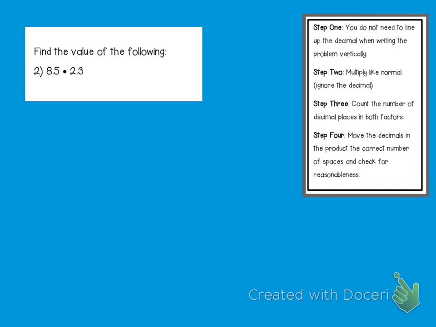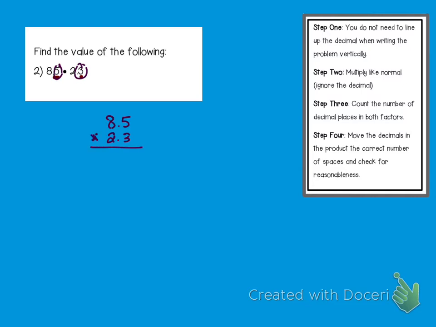Find the value of the following. Okay, so in this case, remember I placed the last 2 digits stacked on top of each other. Okay, so I have 8.5, and then the 5 and the 3. If we notice, our decimals happen to line up in this problem, and that's okay.